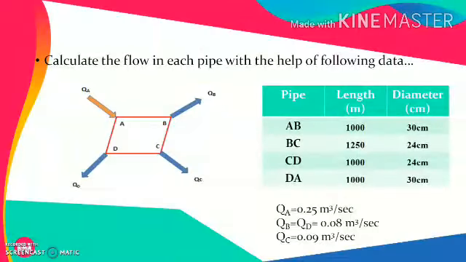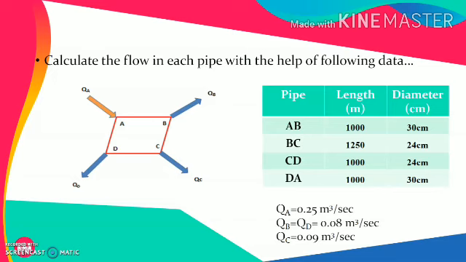We will try to understand the things in depth by solving this particular example. So we will try to calculate the flow through each pipe with the help of the following data. So there is a closed network ABCD with the length of AB being 1000 meter, length of BC being 1250 meter, length of CD and DA once again will have a length of 1000 meter respectively.